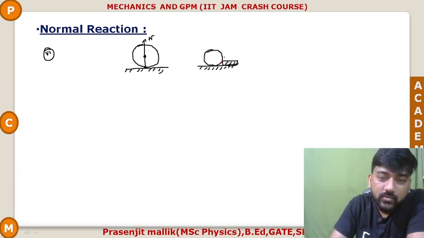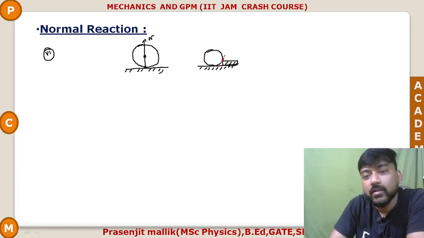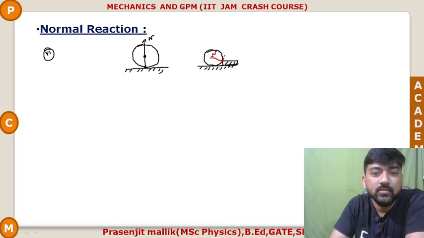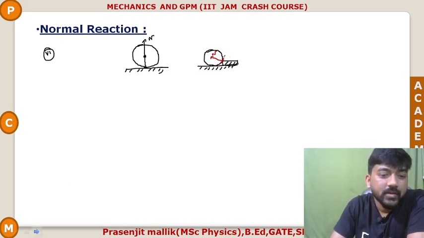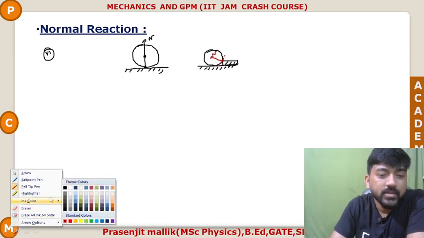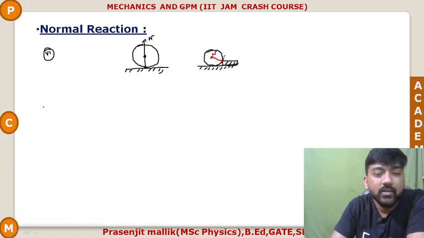In that case you have to draw a tangent at this point, and the normal direction will be perpendicular to this tangent, along this direction, and that will also pass through the center of mass, or you can say the center of this spherical object. Okay, and the most important thing is that this is a contact force. The basic thing is that the normal reaction is basically a contact force.